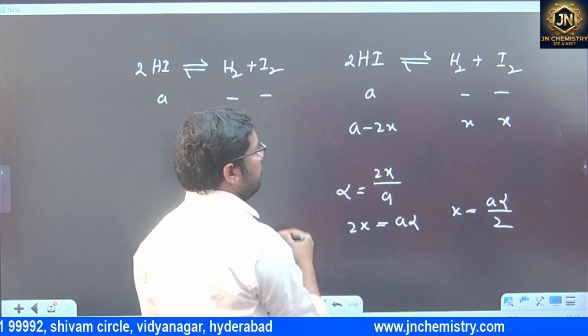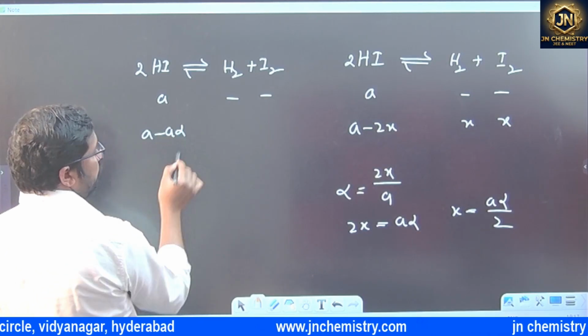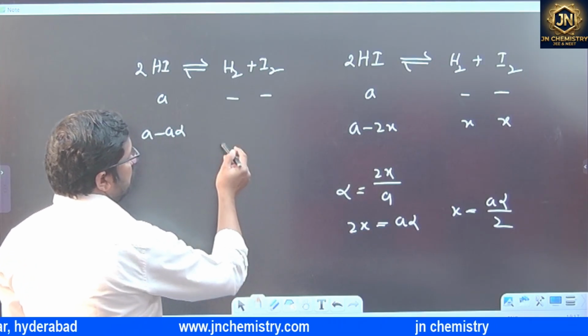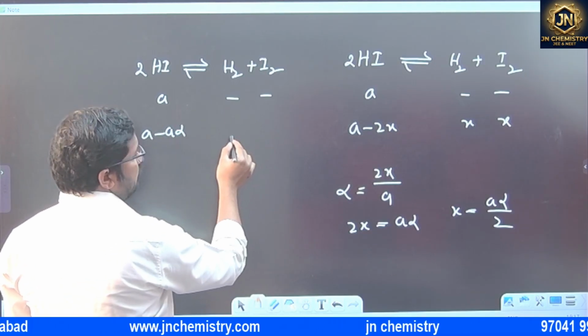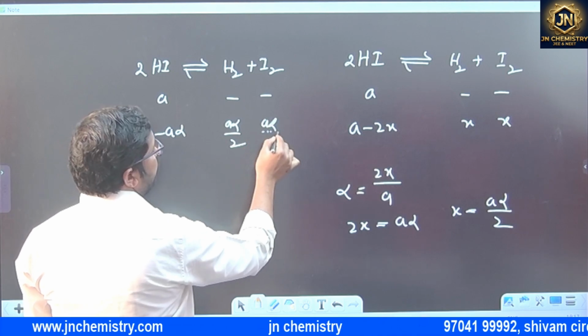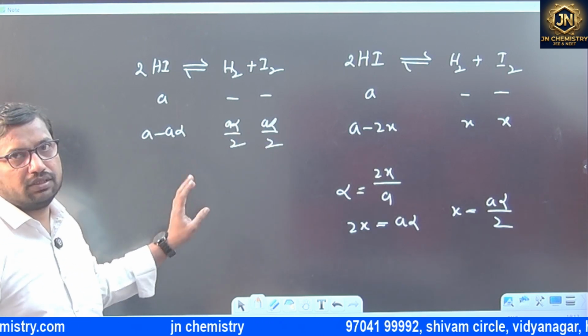So we substitute A minus A alpha for HI, and x means A alpha by 2 for each of H2 and I2. This is the way we need to do it for degree of dissociation.